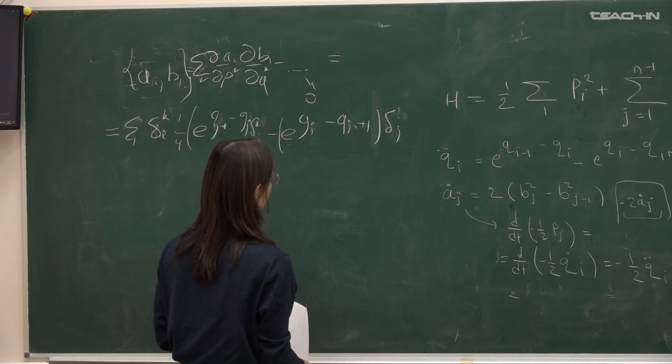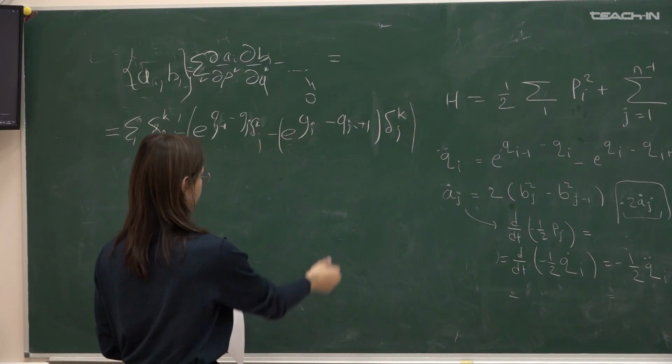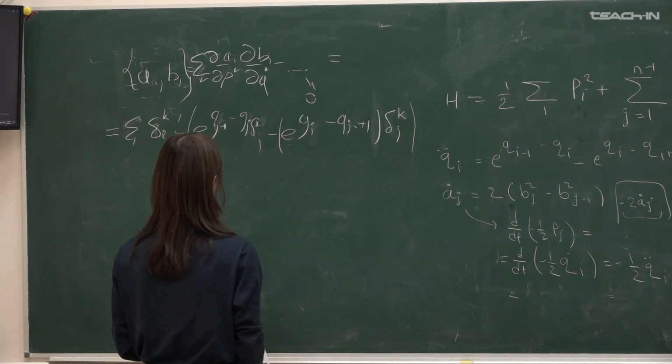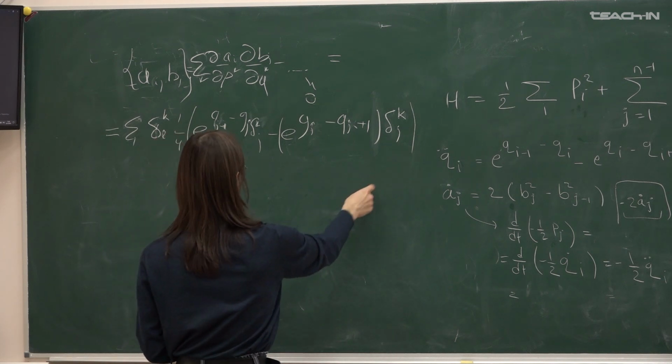But it's the same, no? I can write it like this, and the Kronecker symbol just moves to the outer brackets.